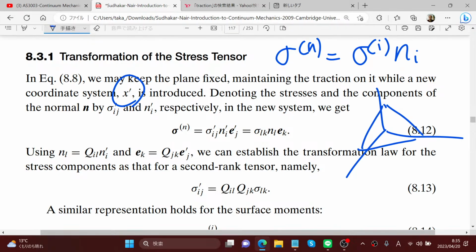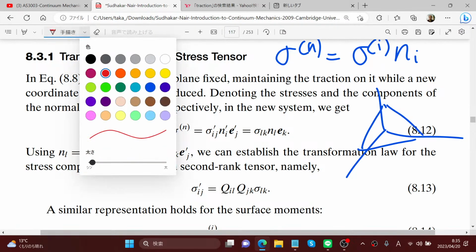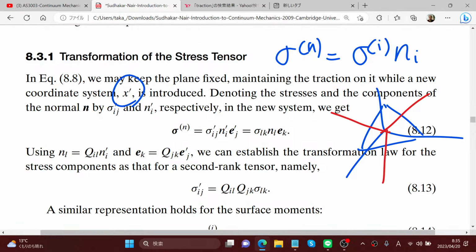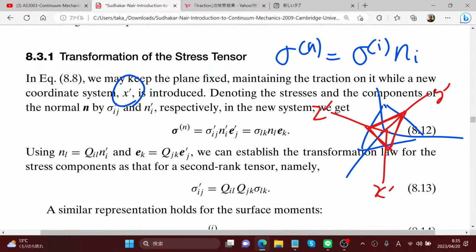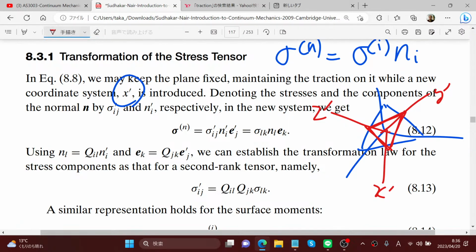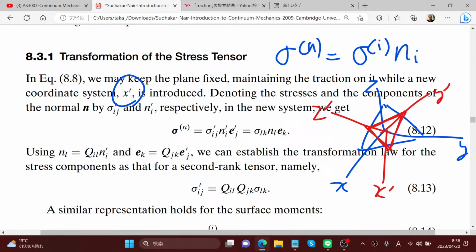Then we can set another coordinate like this, so this is the same plane. So this is like x prime, y prime, z prime, and x, y, z, probably. I'm not very sure about this.